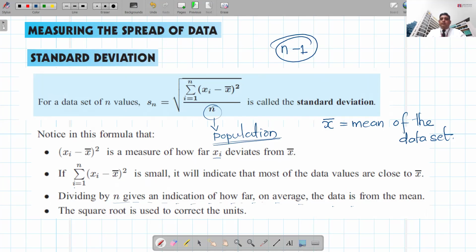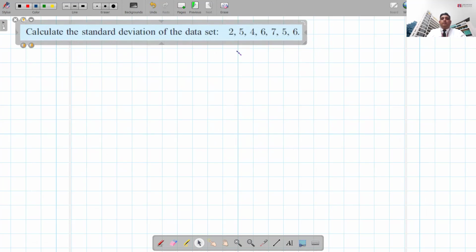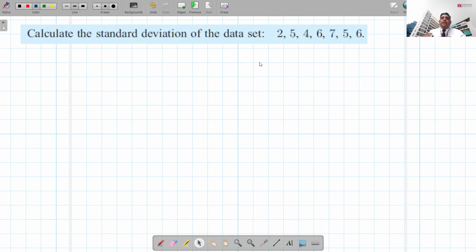Now, consider this question. Calculate the standard deviation of the data set. Now here, nothing is mentioned. They haven't told us whether this is a sample size or population.